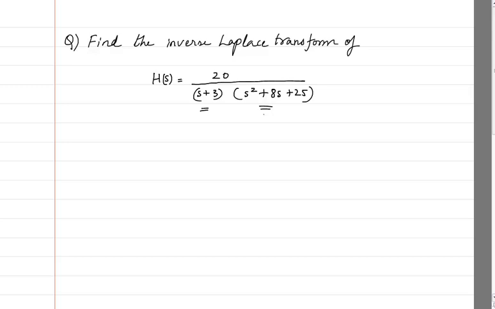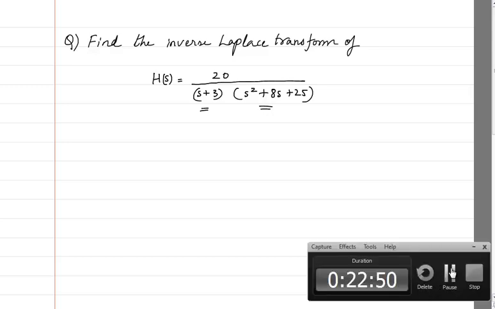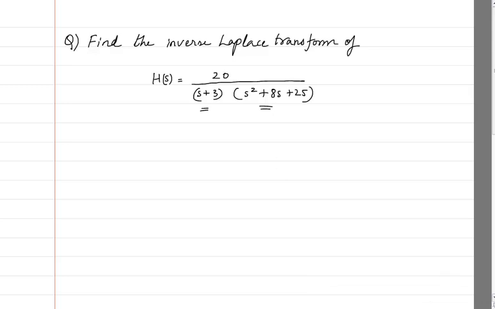Now what we do here is, first we will try to find out what are the poles of s square plus 8s plus 25, which if you would solve, you will get that the poles are going to be s is equal to -4 plus -3j.